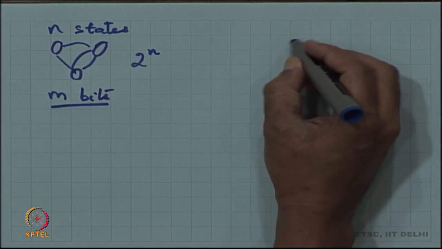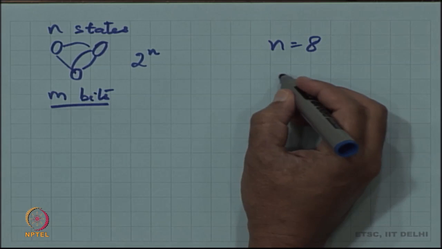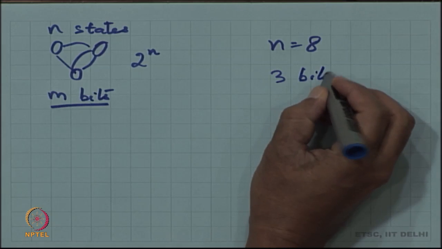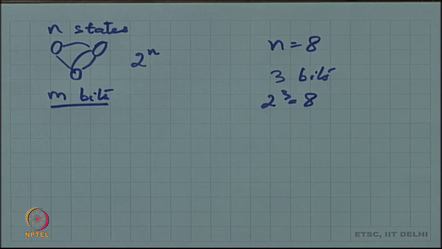So, if n was 8, if I had 8 states, then I would use 3 bits, suppose 2 to the power 3 is 8. Do I have only 8 choices for encoding?